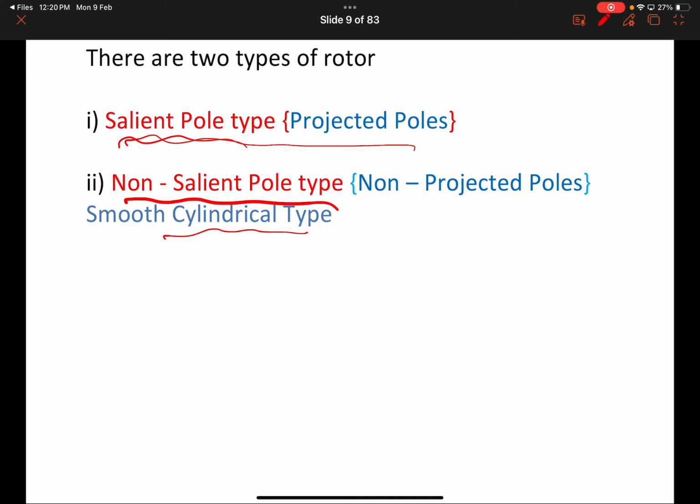So the major differentiation comes only under the rotor. The stator is just to place the slots and accommodate the winding; we can't get more than this. So two types here: salient pole type and non-salient pole type.